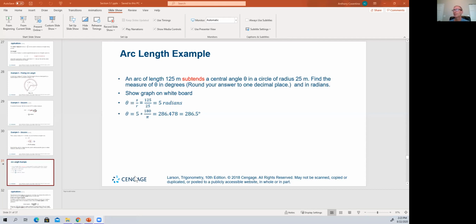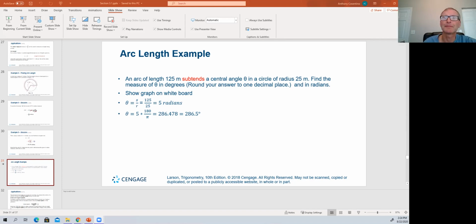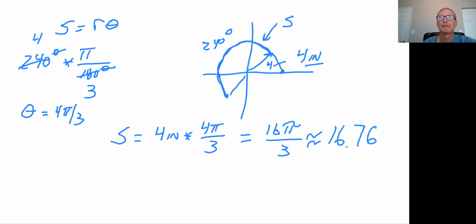And so if you think about that idea of the arc length, excuse me for pausing there for a second. It would look like this. So let me clear this up. There we go.